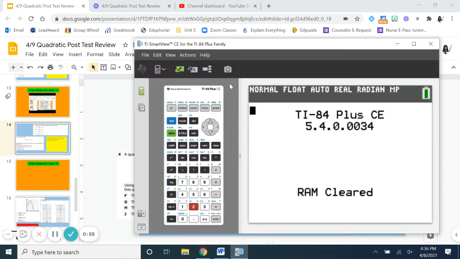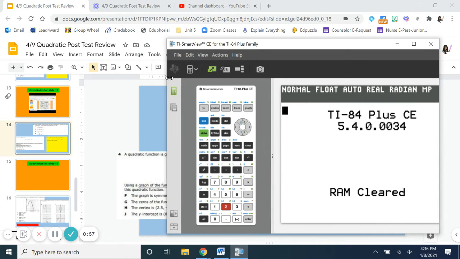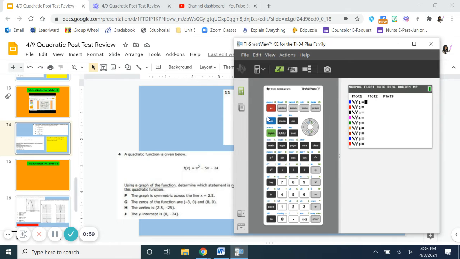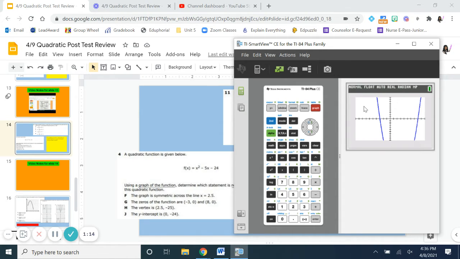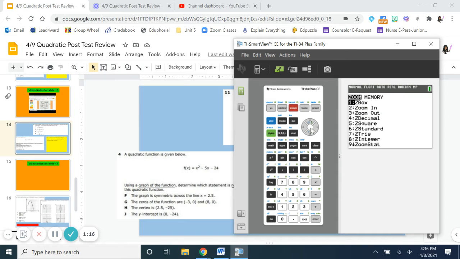Let's go ahead and pull up that calculator and start plugging that in. So I've got y equals, and I'm going to plug in x squared minus 5x minus 24. And I'm going to look at the table. I can hardly see the bottom or the top, so I may want to zoom out once or twice. So I'm going to zoom out once.